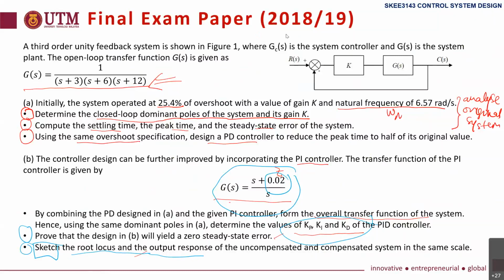In the next lecture, we will continue with tuning of PID controller. Tuning is one of the issues in PID controller. Tuning means to find KP, KI, KD. Besides using root locus, there are many other ways to tune the controller to find the Kp, Ki, Kd, known as PID gains.